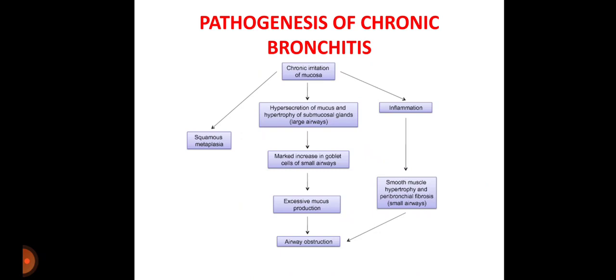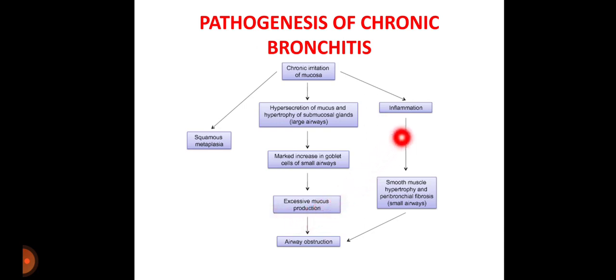Pathogenesis of chronic bronchitis. Chronic irritation of the mucosa by environmental irritants causes 3 pathogenic mechanisms. First, it causes hypersecretion of mucus, with hypertrophy of submucosal glands in larger airways and a marked increase in goblet cells of smaller airways, causing excessive mucus production and finally airway obstruction.